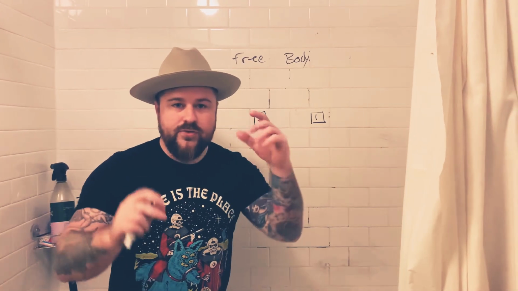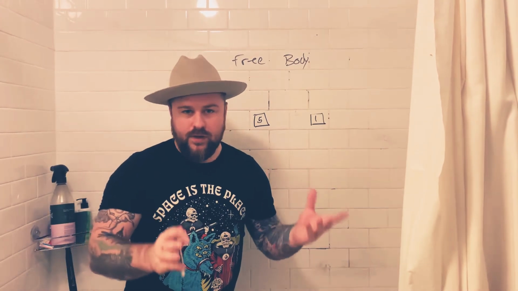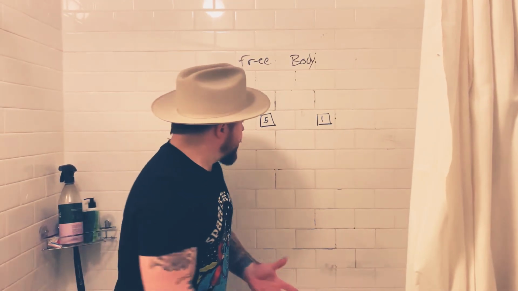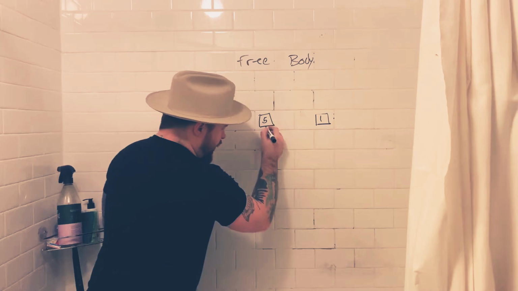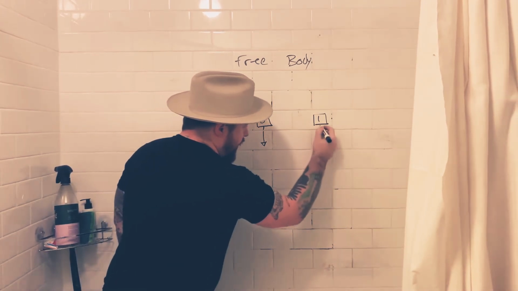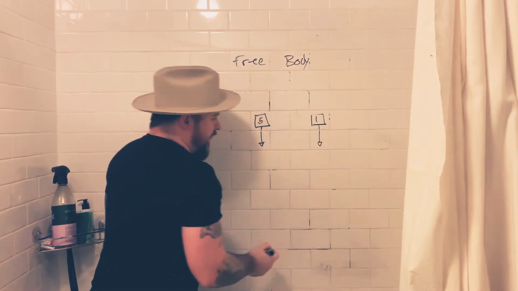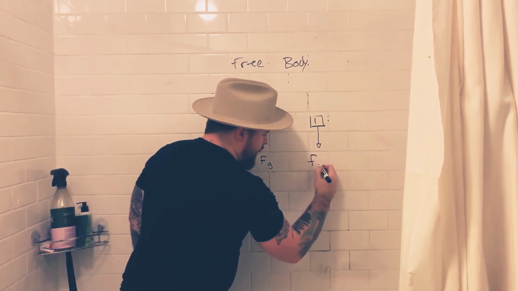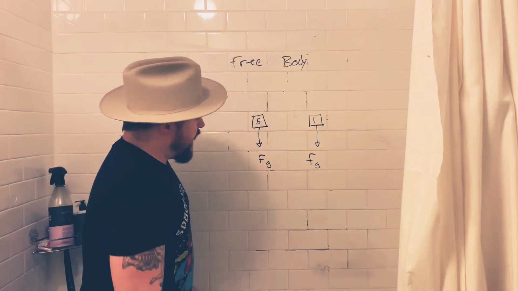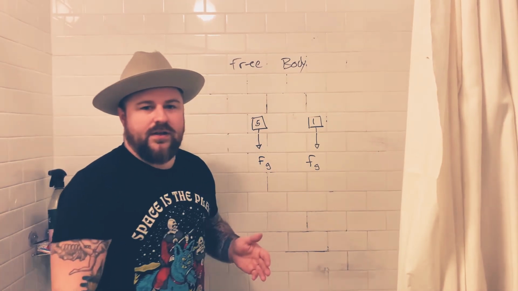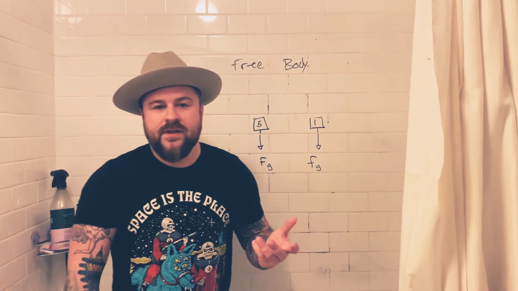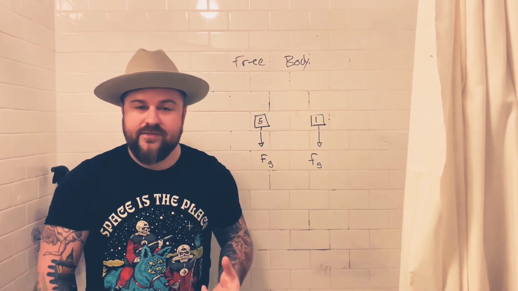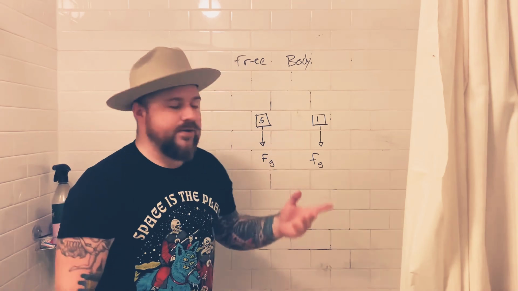So when we drop those Coke cans, you are right to say that gravity acts on both of them, right? So I'm going to draw that using an arrow, and I can label that F sub G for force due to gravity. And we can see that these forces are the same. This force right here is due to the mass of the Earth and the mass of the Coke can.